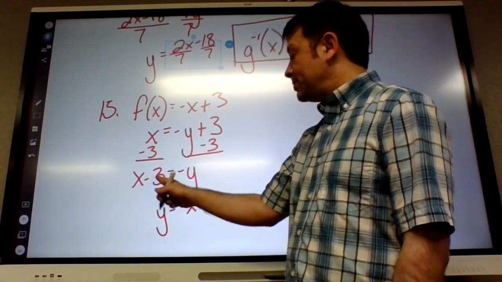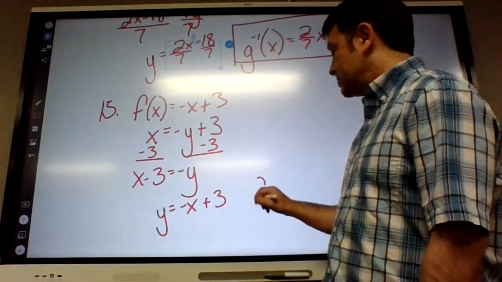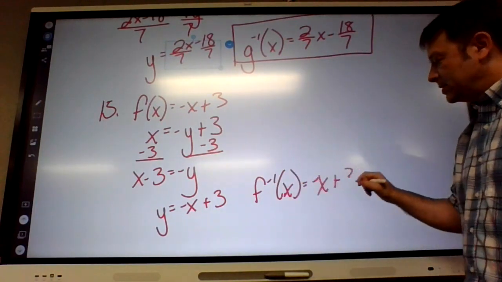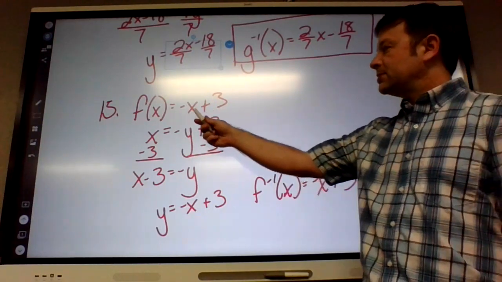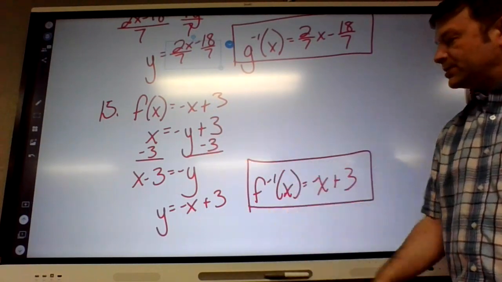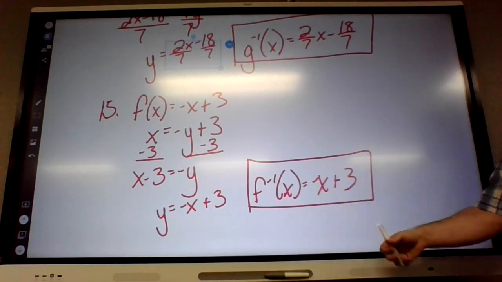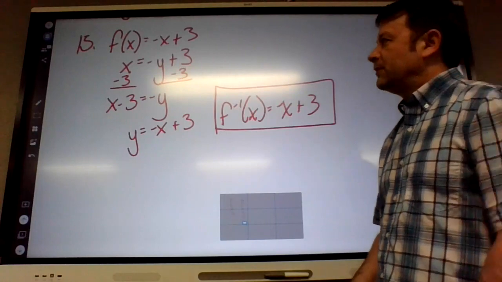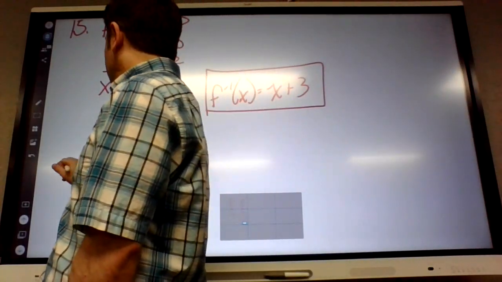So it's negative x plus 3 now. So f inverse equals negative x plus 3. Well, look at that. It's the same thing. That happens when you get a negative 1 slope. They're identical. If it's a line, it's a linear function.